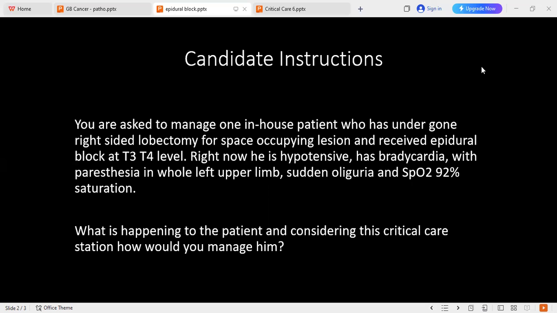What are some of the systemic effects of epidural analgesia? If the drug gets inside the blood, it leads to neurological side effects and cardiac and respiratory side effects, including numbness and paresthesia around the mouth, also convulsion or coma.